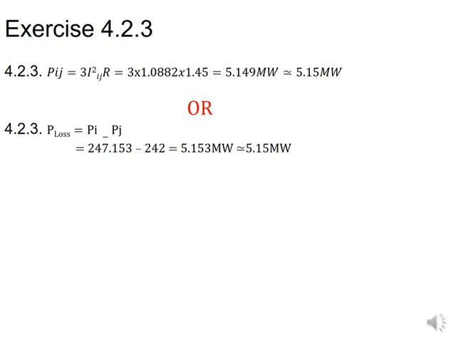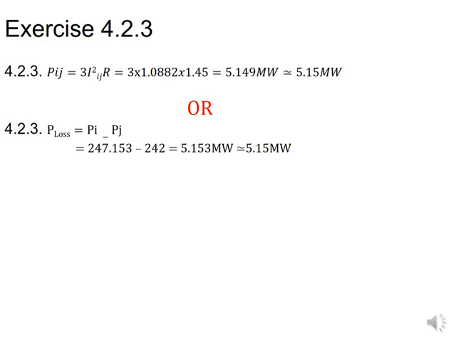So the last part of this question asks for the power loss in your system, and that can be seen as your PIJ, which, if you remember, your formula for three-phase is simply 3 times your I squared of ij multiplied by R, not Z guys, but R. So that would be 3 multiplied by your current squared multiplied by the 1.45, and you would get 5.15 megawatts.